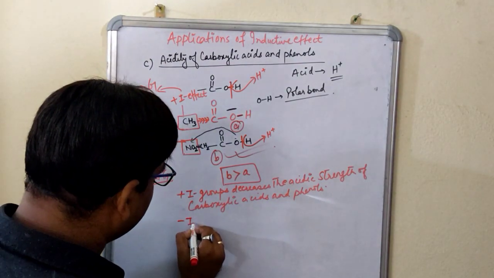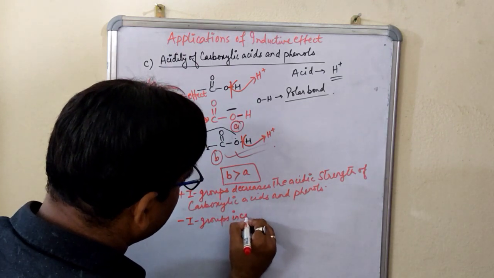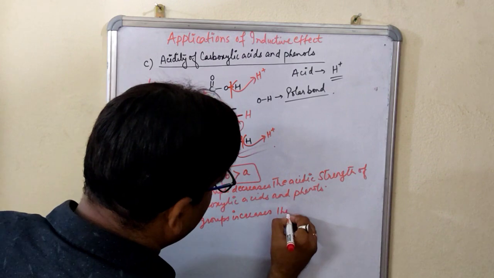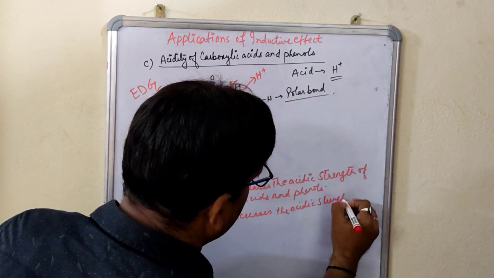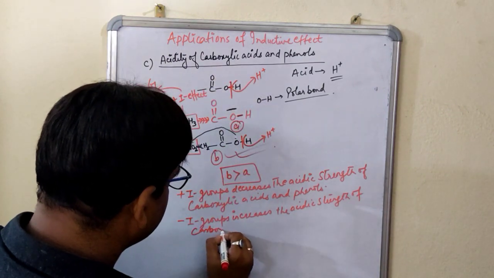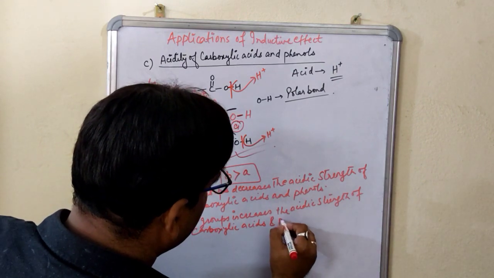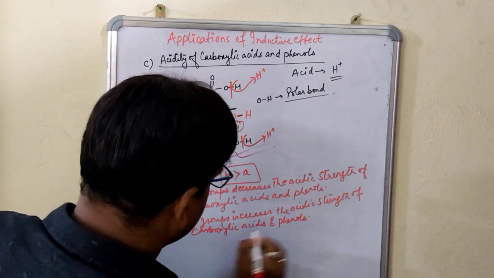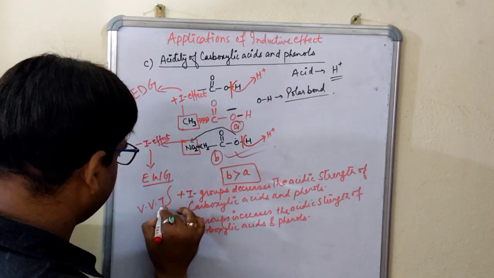Secondly, minus I groups increase the acidic strength of carboxylic acids and phenols. This is the very, very important point, students.